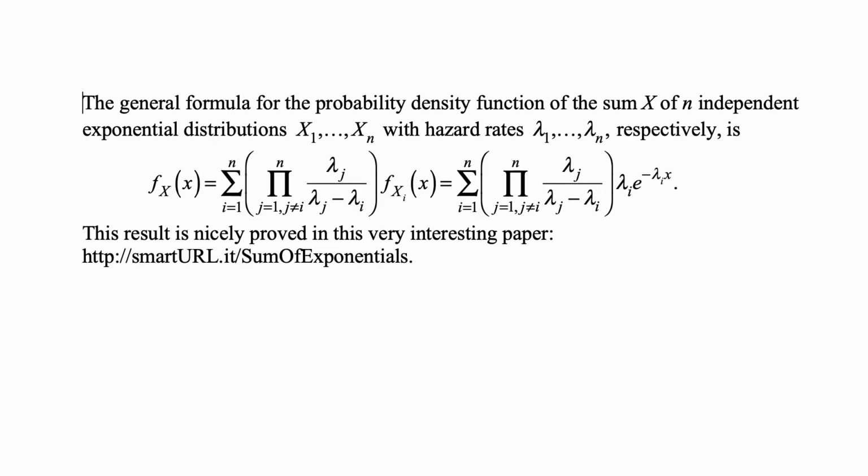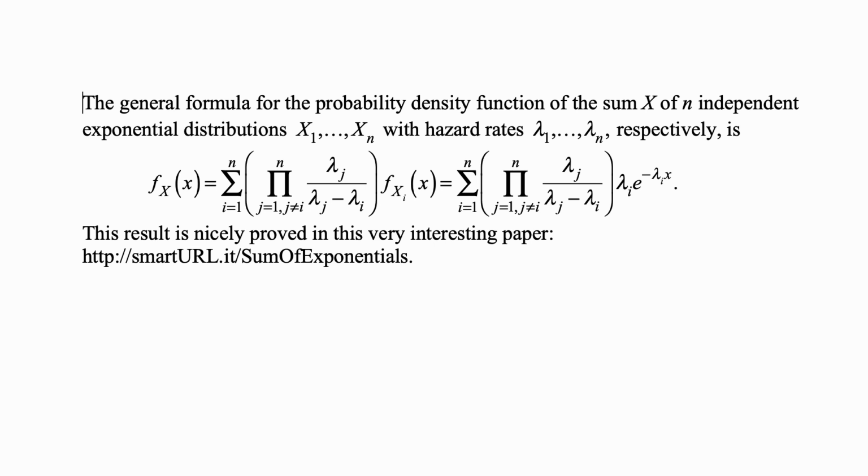The general formula for the probability density function of the sum x of n independent exponential distributions x1 through xn with hazard rates lambda 1 through lambda n respectively is f sub x of x equal to the sum from i equal 1 to n of the product over j from 1 to n, but j not equal to i, of lambda j over lambda j minus lambda i, times f sub xi of x.